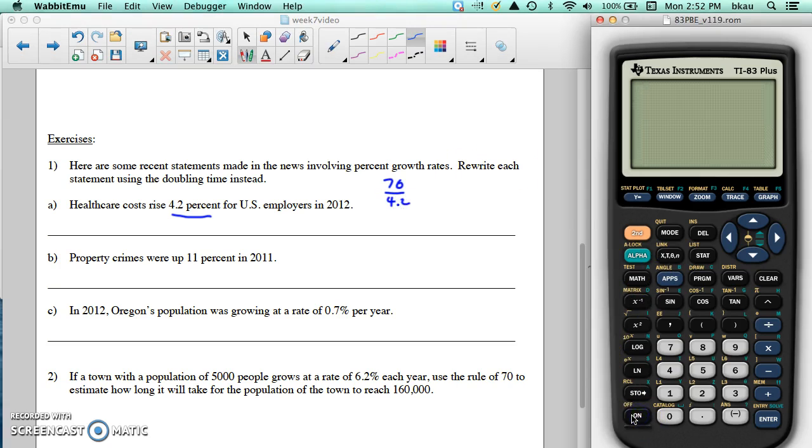Let's do that. 70 divided by 4.2, we get 16 2/3.